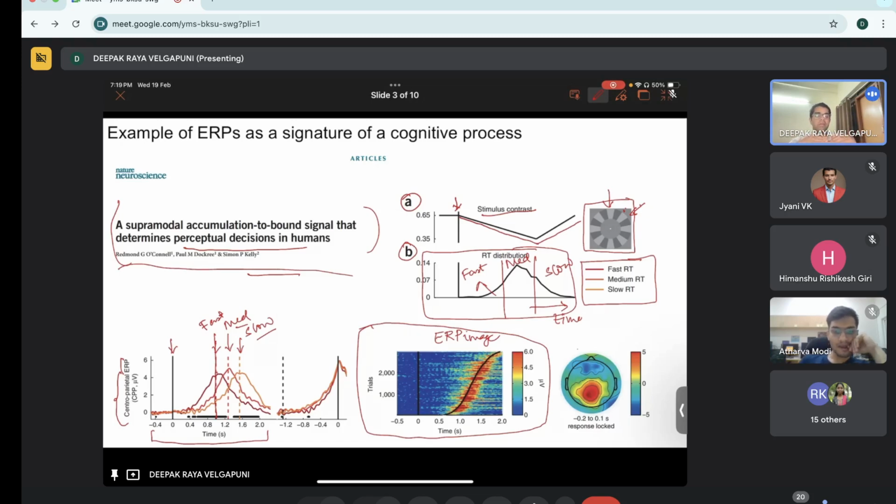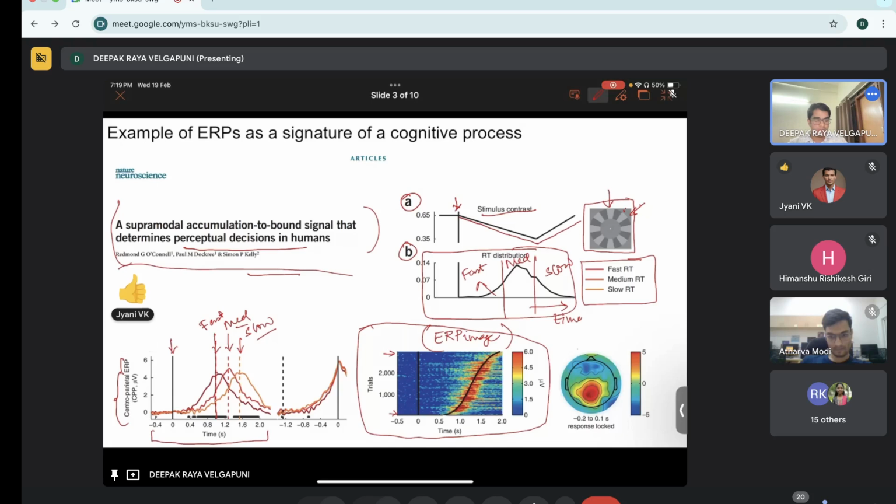Trial 1 might have a faster reaction time, trial 2 might have a very slow reaction time, but they sort all those trials in such a way that the reaction times are sequentially arranged based on how fast they are. So if you take this trial number, this is a faster reaction time trial, and this is the slower reaction trial, and they plot an ERP image for that.